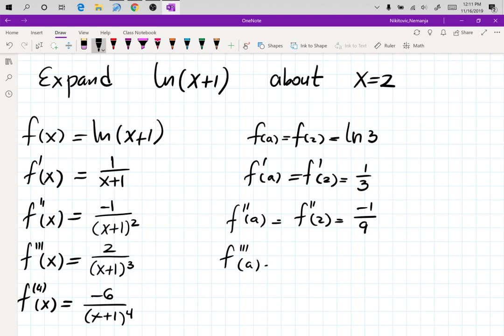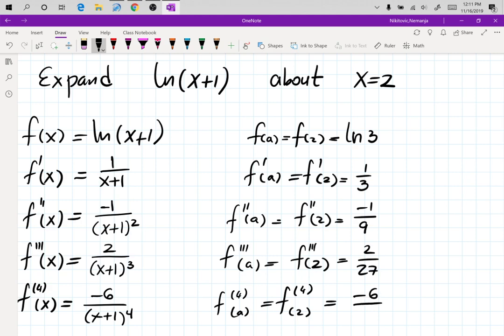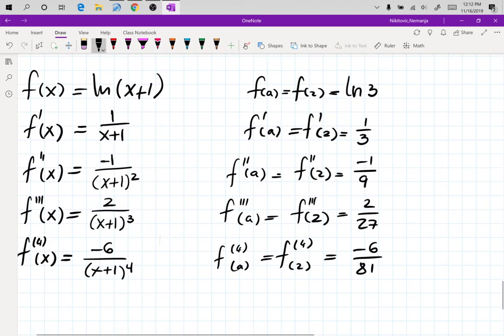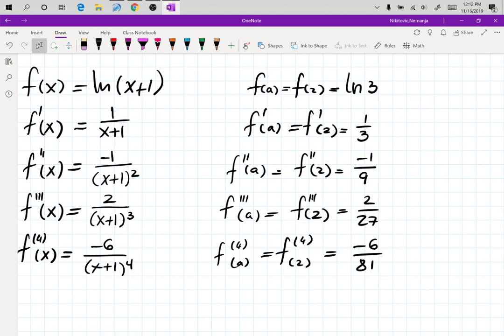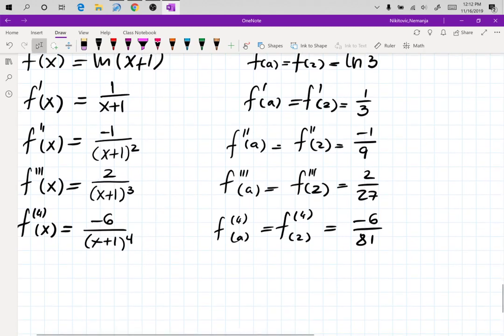Third derivative at a is the third derivative at 2, which is 3 cubed 27, so 2 over 27. And finally, the fourth derivative computed at 2 is negative 6 over 81. So these are all my derivatives computed at the value where I am shifting everything.